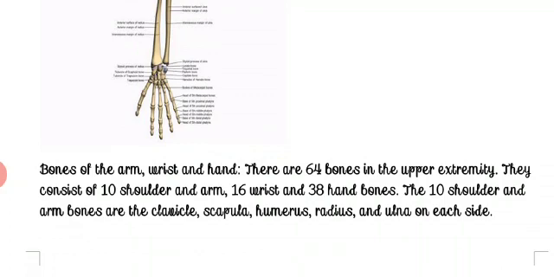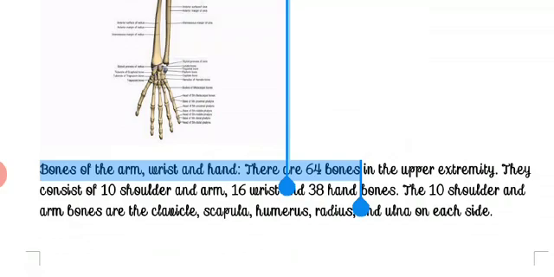They consist of 10 shoulder and arm, 16 bones from the wrist, and 38 from the hand bones, which for each limb, each forelimb, we have 5 bones for shoulder, 8 for the wrist, and 19 for the hand bones.